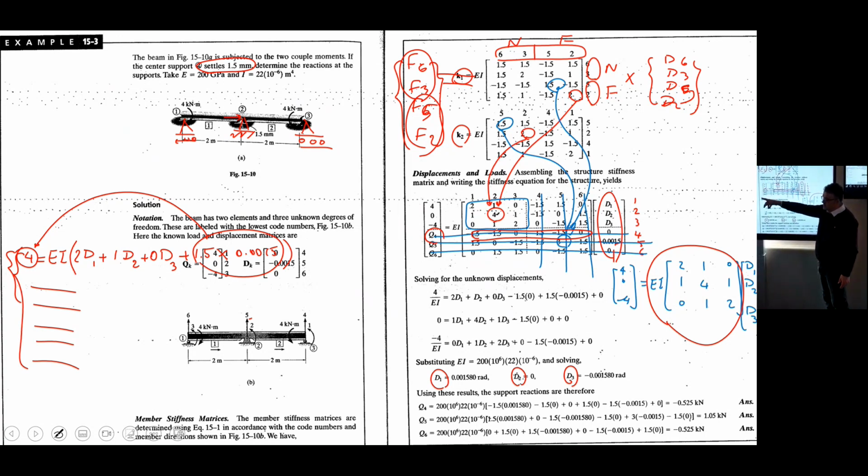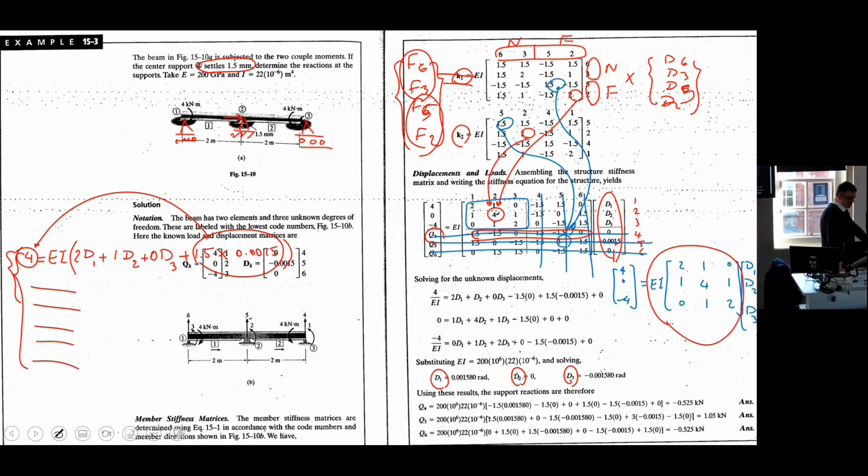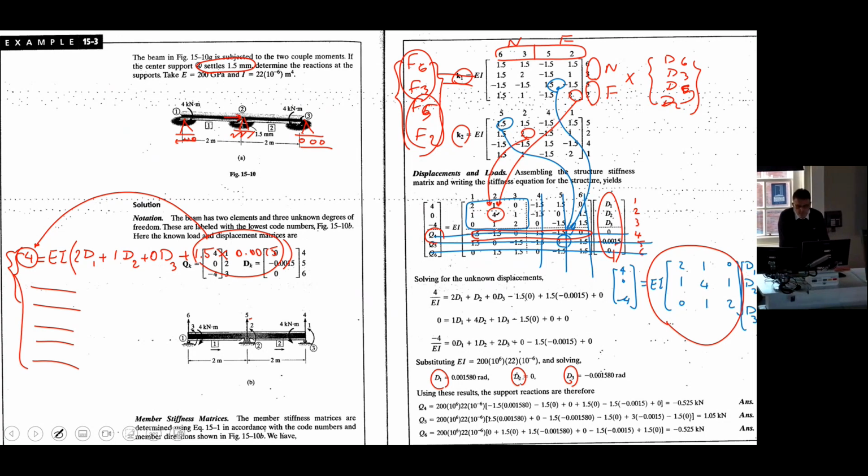Instead of eliminating, just write them down like this and rewrite them again in the matrix form, right? Any question?